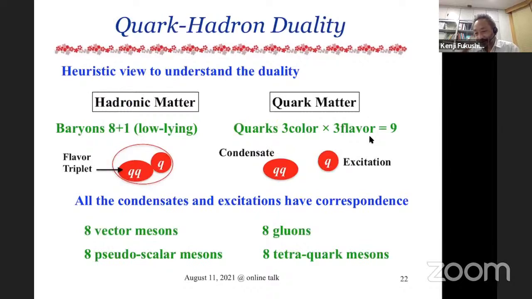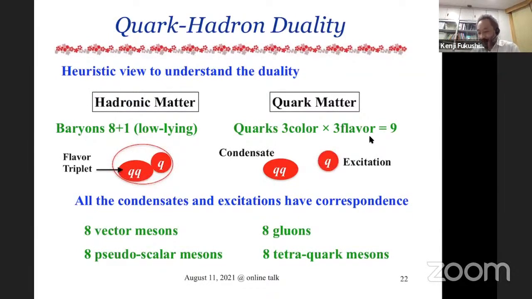But as I told you, if the density is high enough, the diquark can make a finite condensation, and then this diquark can be absorbed by the condensation. This is now a part of the vacuum, and so what is remaining is actually the quark. In this sense, the baryon excitation and the quark excitation have a one-to-one correspondence, right?